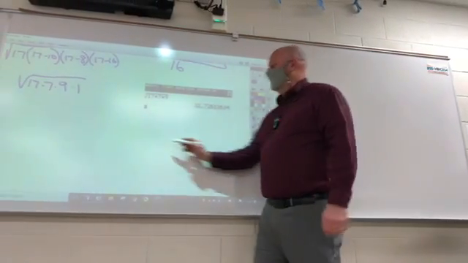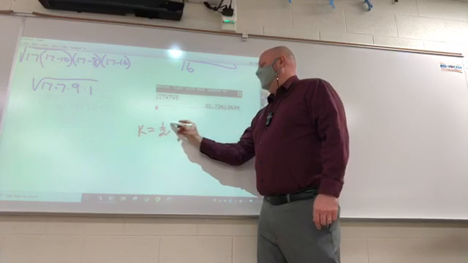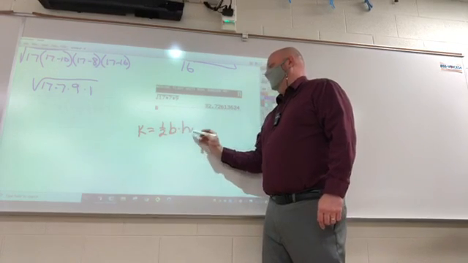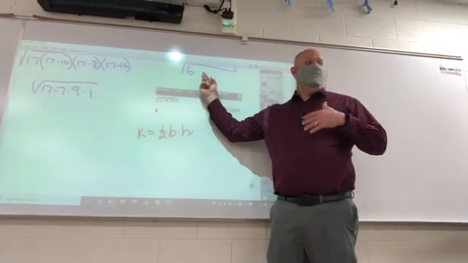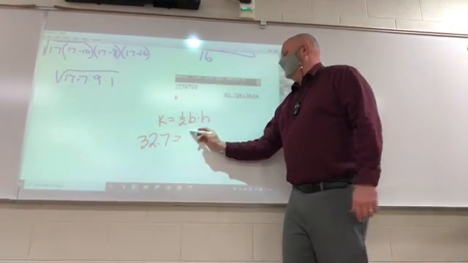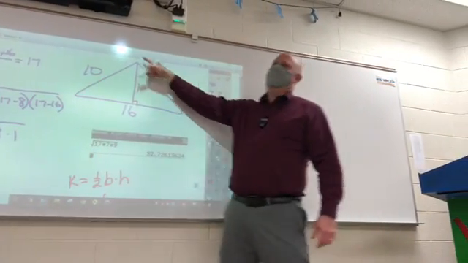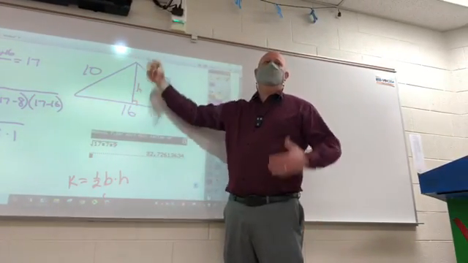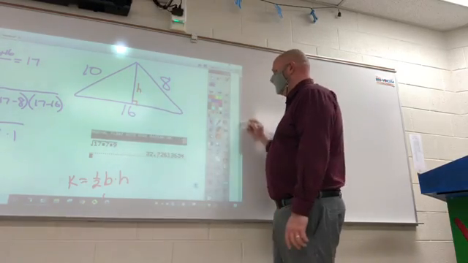So what I could now do is use that formula, 1/2 base times height. I know the area now. Like I use Heron's formula to find the area. That's 32.7 equals 1/2 times, if this is the height that I want to find, which side is my base? 16.